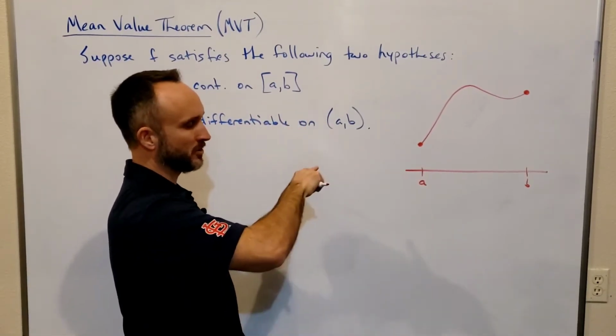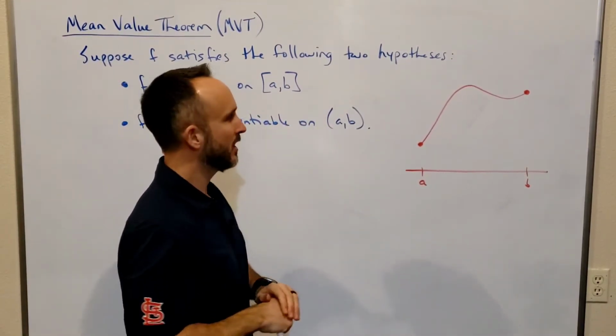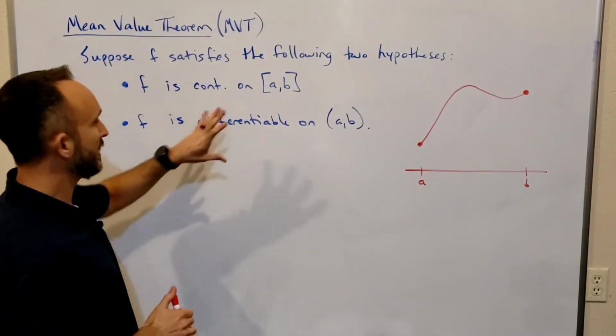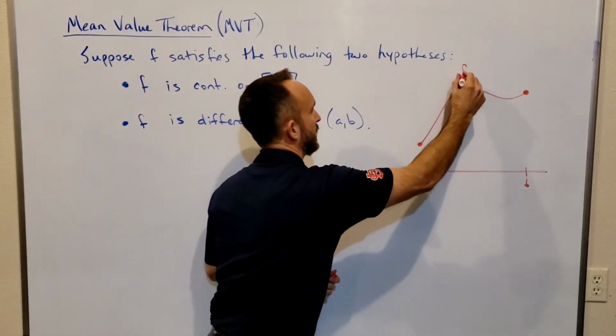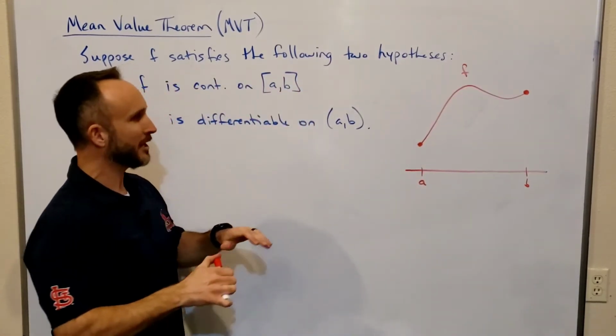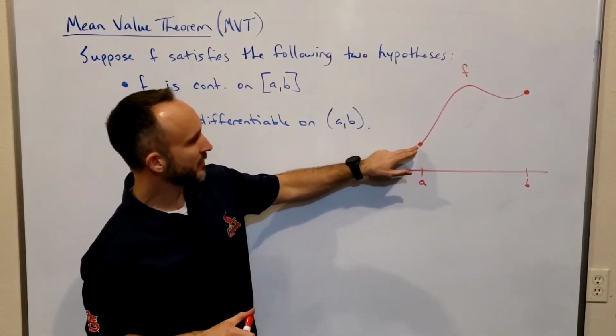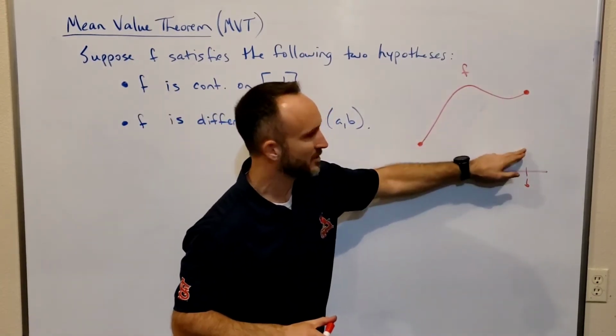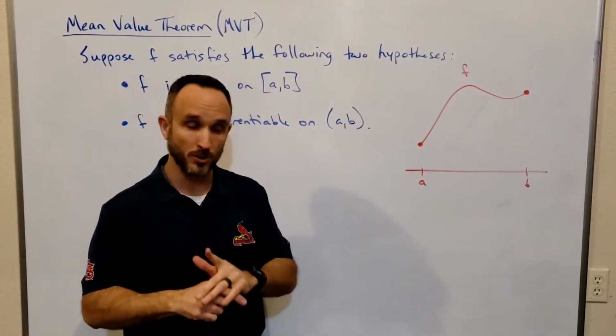There's no jumps, no sharp points, no vertical tangent lines either. So that function f satisfies both hypotheses, and you can see that the left endpoint does not have the same y value as the right endpoint, as we have to assume with Rolle's theorem.